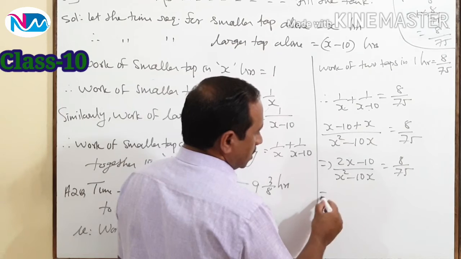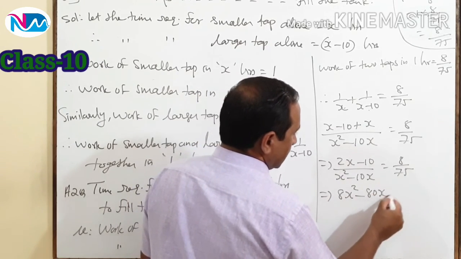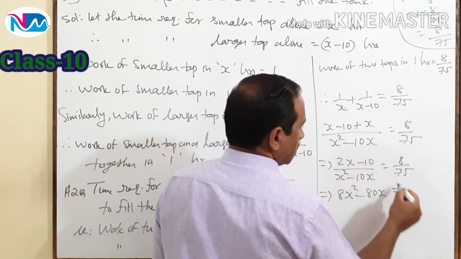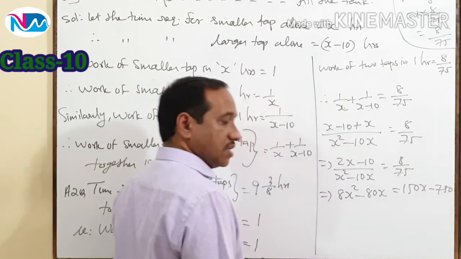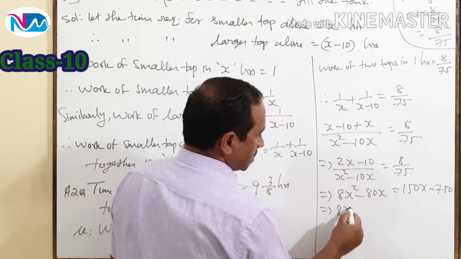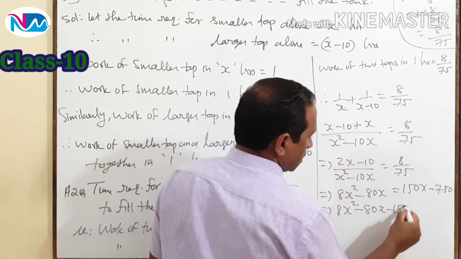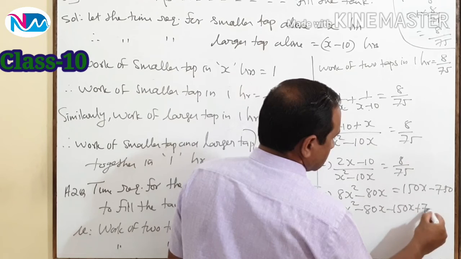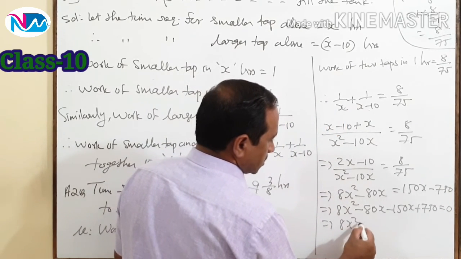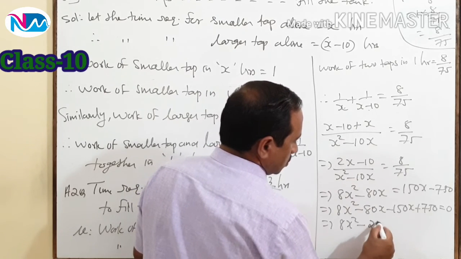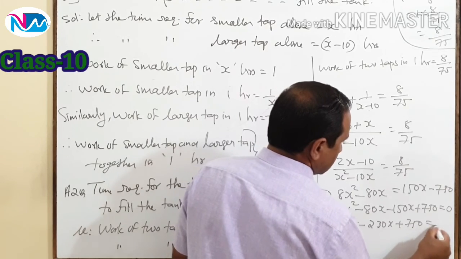Now cross multiplying, we get 8x square minus 80x is equal to 75 into 2x minus 10, that is 150x minus 750. On simplifying, we get 8x square minus 80x minus 150x plus 750 is equal to 0. That gives 8x square minus 230x plus 750 is equal to 0.